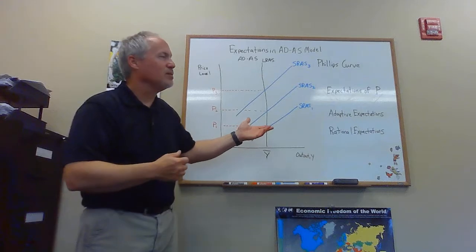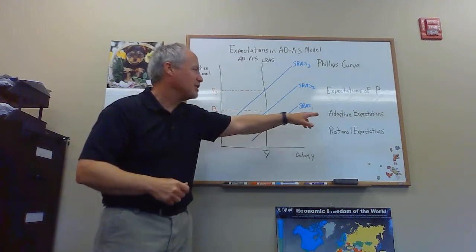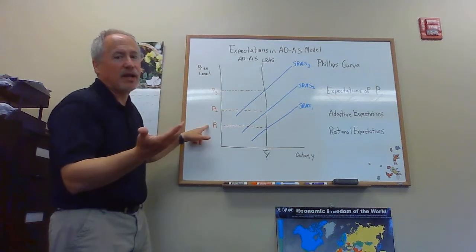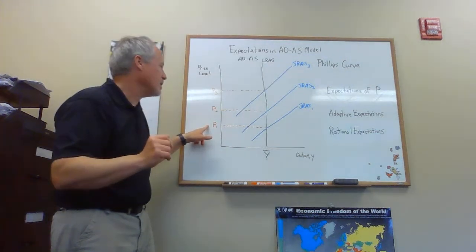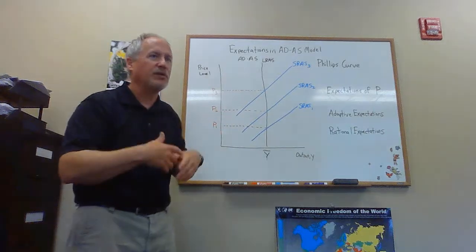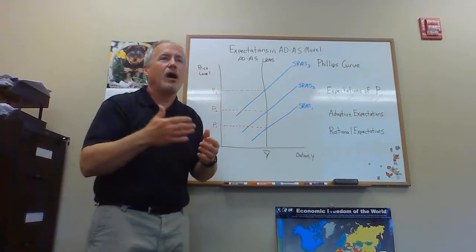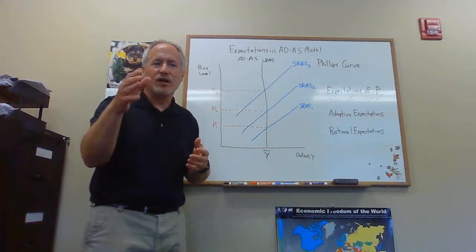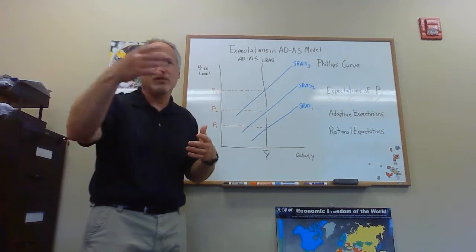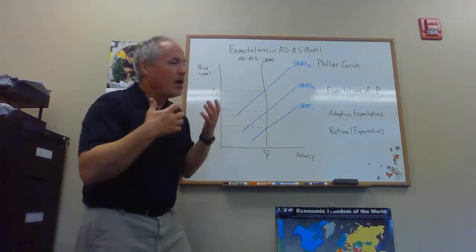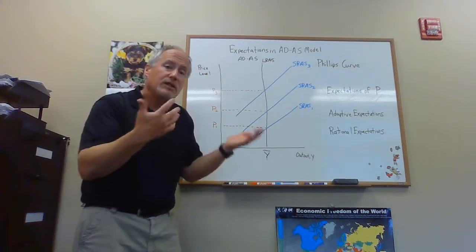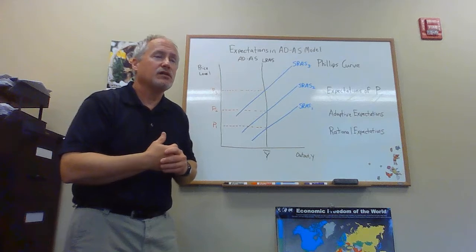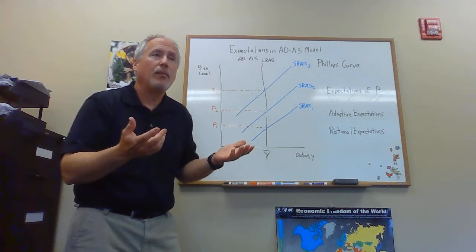So with persistence, which is an extreme form of adaptive expectations, you say, if the price level was P1 last period, we'll assume it's going to be P1 again this next period, or this next year. Again, adaptive expectations might be saying, well, you take the average of the price levels over the last 3 years, and that's your forecast. Those are not unreasonable ways to forecast, and in some circumstances that will work very well.